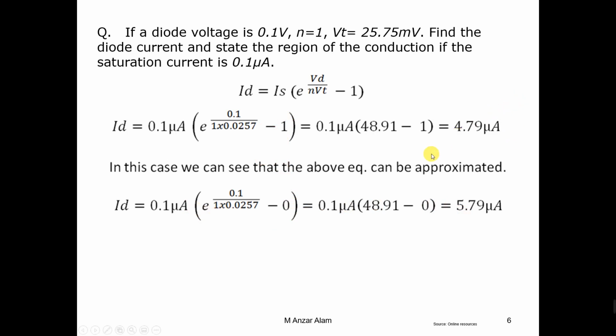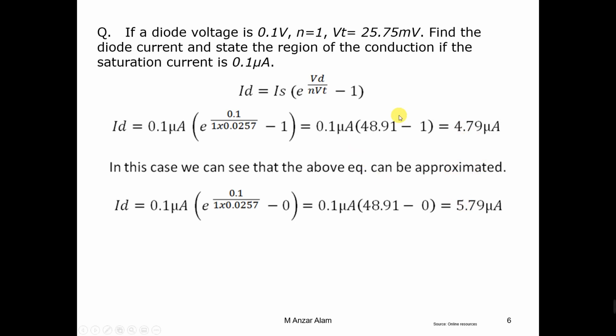Of course, 1 microampere is less, but this difference is not much compared to the normal diode current. Normal diode current is maybe 10 milliampere, 20 milliampere, 100 milliampere, 1000 milliampere, or more.